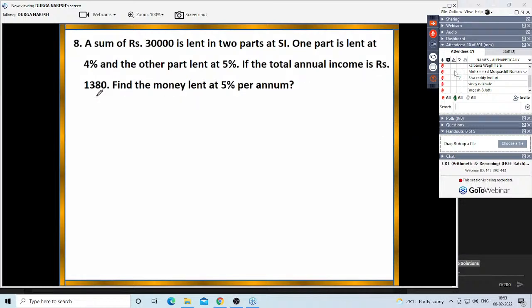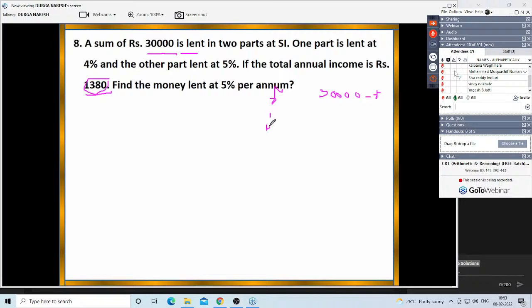The total annual income is 1380, which means the interest on the first part plus the interest on the second part, the total interest on both parts, is 1380. 30,000 is divided into 2 parts. I don't know whether both are equal or unequal. If the first part is x, the second part is 30,000 minus x. Here x is the principal part 1 and 30,000 minus x is principal part 2.